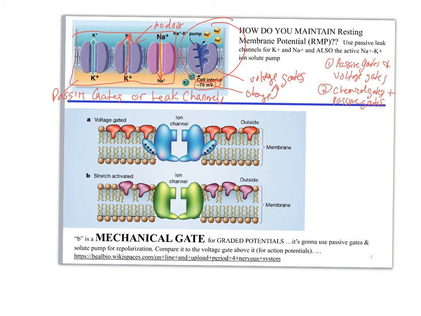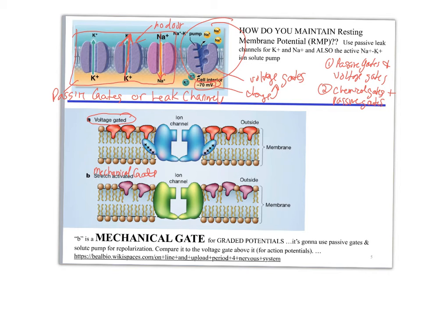Now in this next picture right here, I've got the voltage gate and then I've got a mechanical gate. Okay. And what you're going to notice right here is you see these little flipper arms right here and here. Those respond to the change in voltage, and that causes them to go like that, and then that causes this to open. Okay.